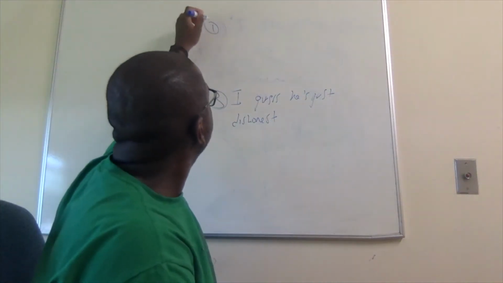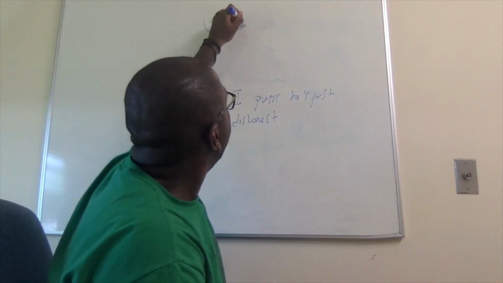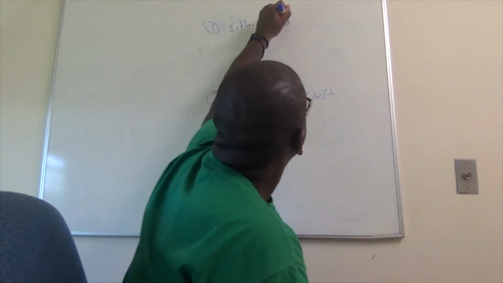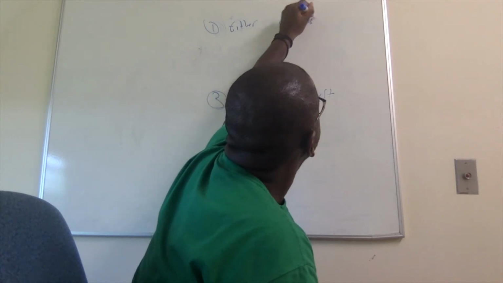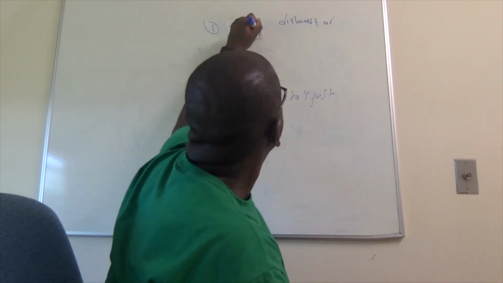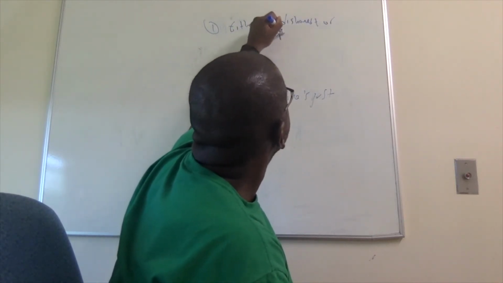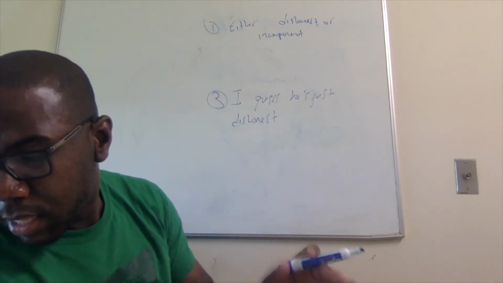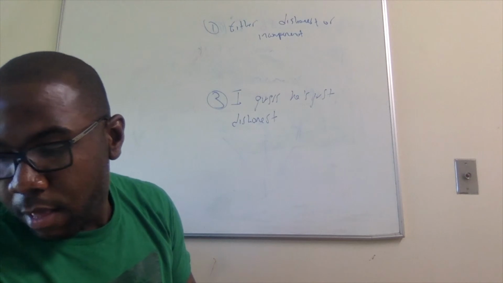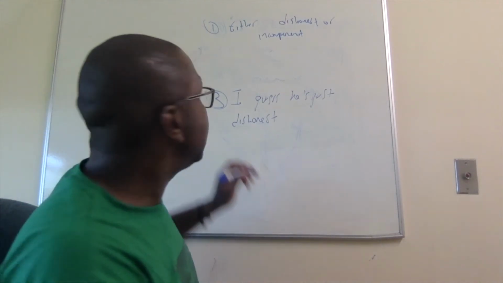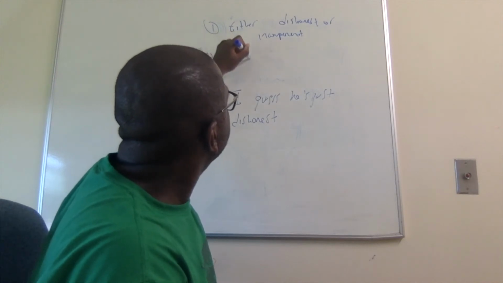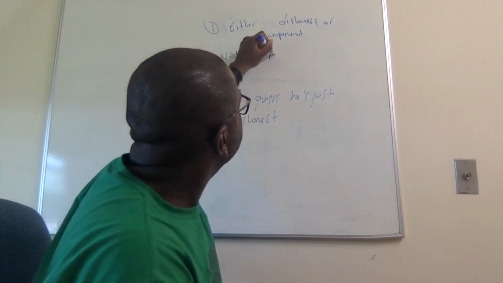So either the congressman is dishonest or incompetent. We already know, but the second statement though tells you that he's not incompetent because he's an expert. So not incompetent.